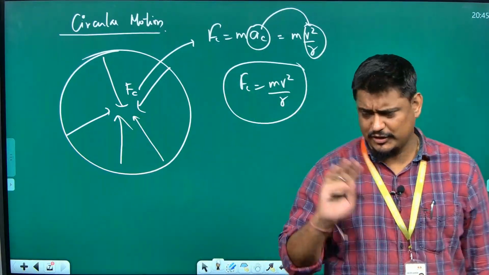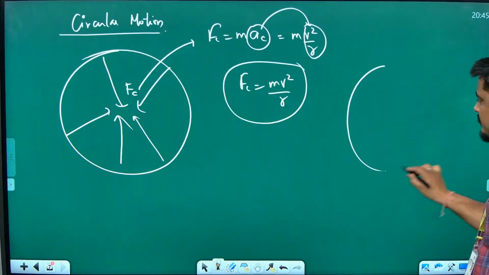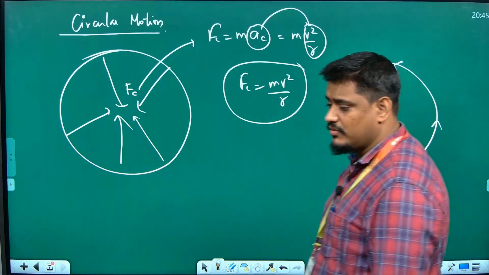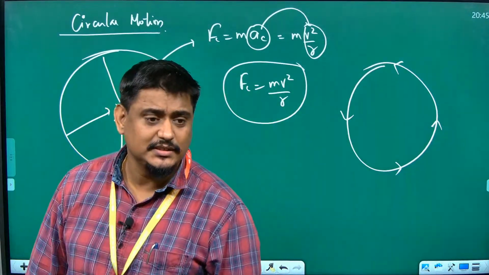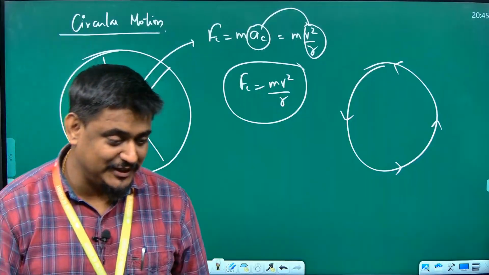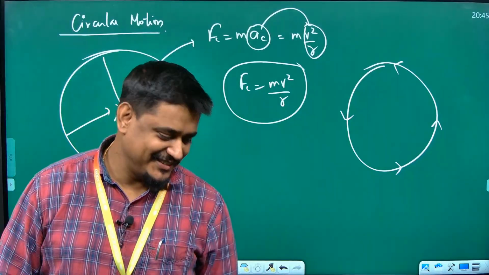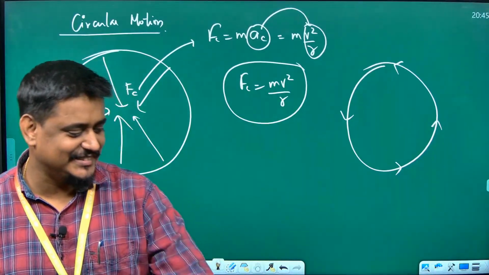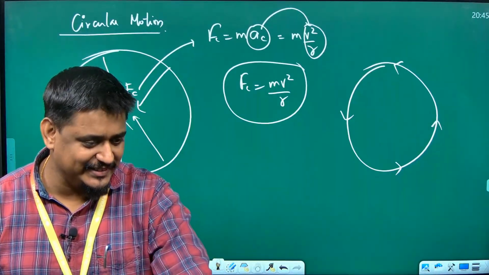Okay. First of all, imagine an object is moving in a circular path. Can it have a constant velocity? How? With the speed you said yes. I appreciate you. But the answer is not to be given quickly, it has to be given correctly.